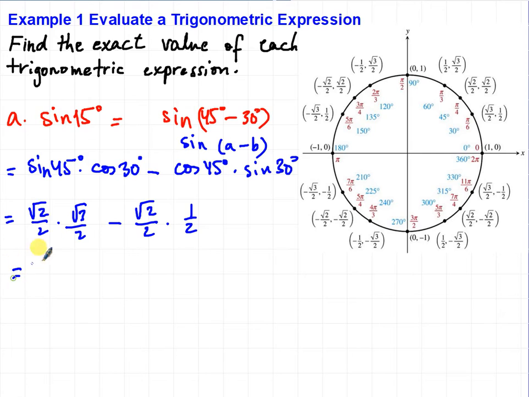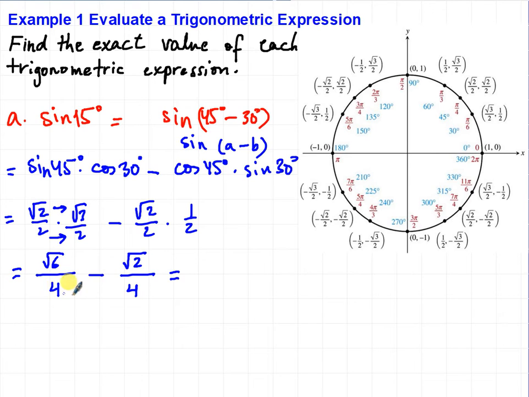So now we have those fractions multiplied. We multiply numerator by numerator, denominator by denominator. So radical 2 times radical 3 is radical 6 over 2 times 2 is 4, minus, the same way, radical 2 times 1 is radical 2 over 2 times 2 is 4. Now here we have subtraction of fractions.